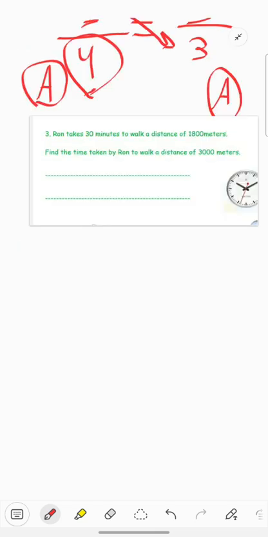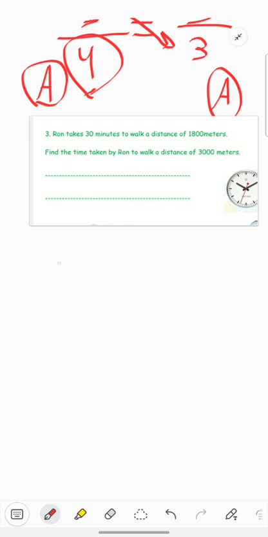Ron takes 30 minutes to walk a distance of 1,800 meters. Find the time taken by Ron to walk a distance of 3,000 meters. So the relation here is also between the time and the distance. The time is represented by minutes and the distance is represented by meters. So we have minutes and meters. You can invert it.